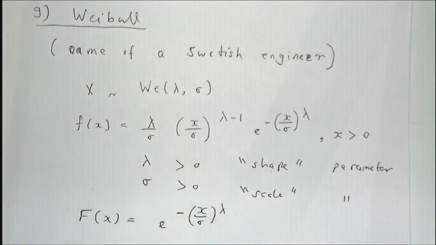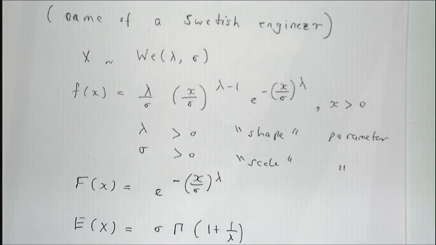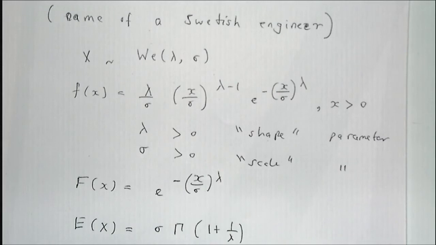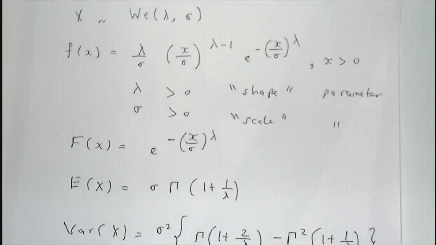The expected value is given by this, and the variance is given by this.